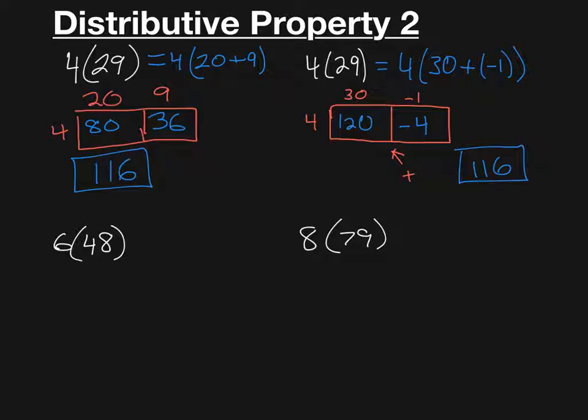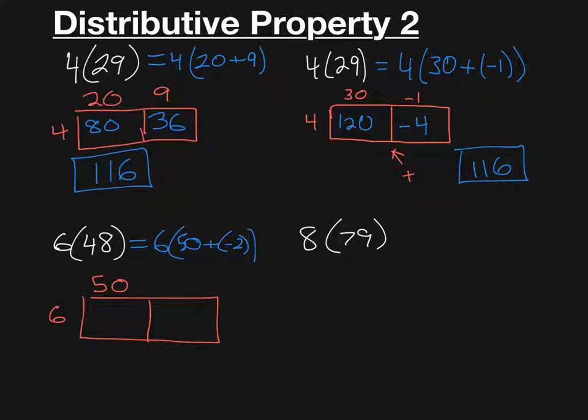6 times 48 we can think of as 6 times 50 plus negative 2. So if we use our area model, we set up our rectangle. We have 6 as the width, and we have two rectangles.